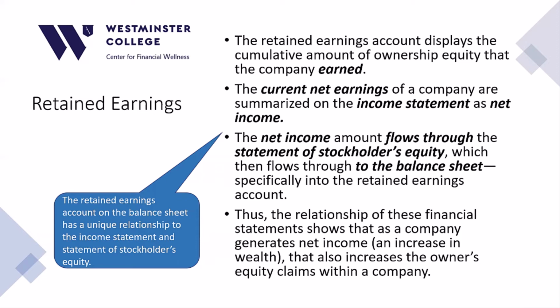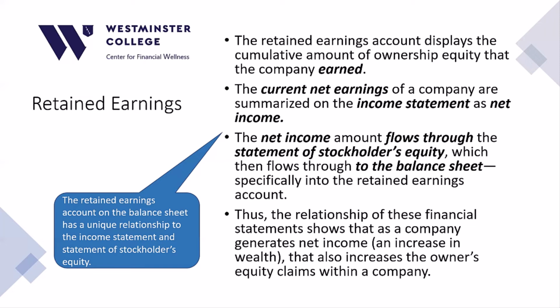But it's a little more complicated because net income doesn't go directly into retained earnings on the balance sheet. That would be just far too easy. Instead, net income first goes through the statement of stockholders' equity, okay? Because net income earnings changes owners' equity claims. And the statement of stockholders' equity is where we explain that change.